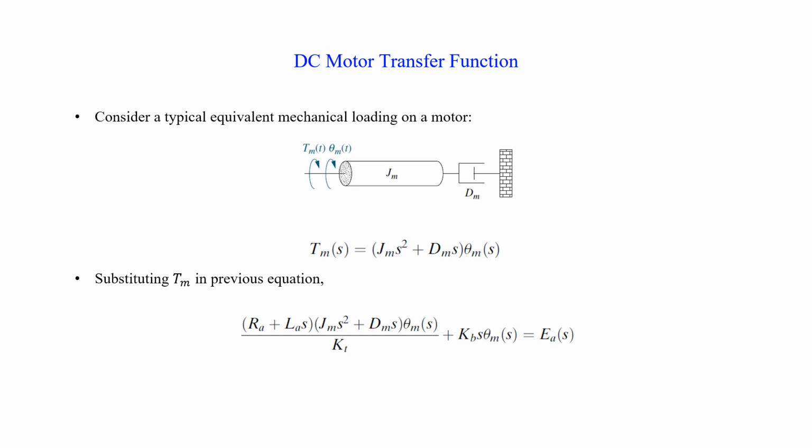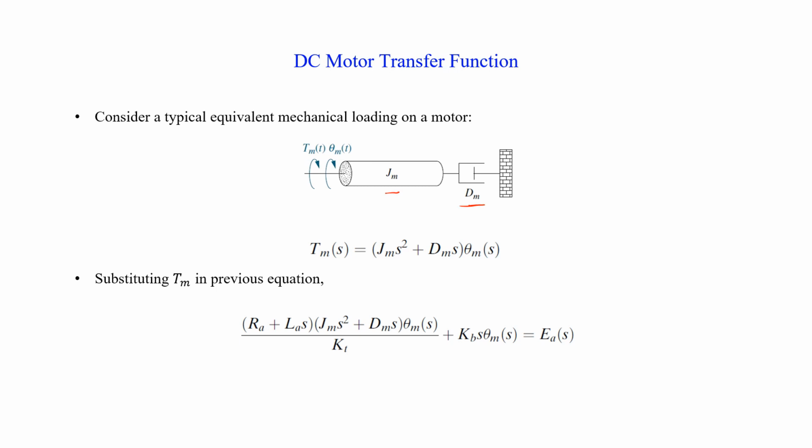To find the relationship between the torque and the angular displacement theta m, we will consider a typical equivalent mechanical load of a motor. Generally this load consists of two parts. One is the inertia and the second one is the damper. This inertia is the equivalent inertia, and it is the combination of the armature inertia as well as the inertia at the load side.